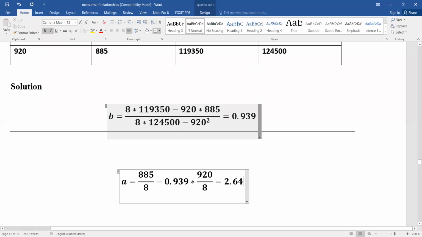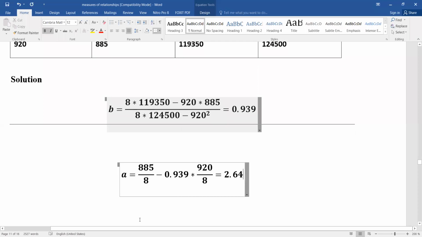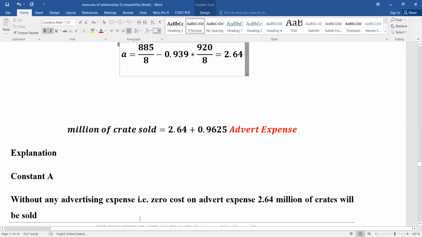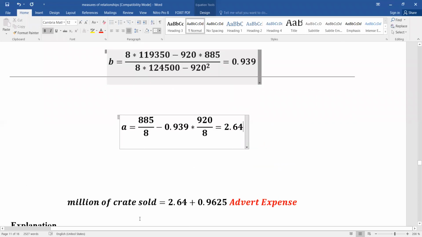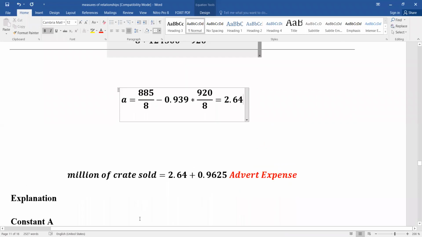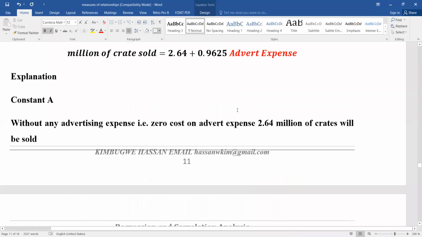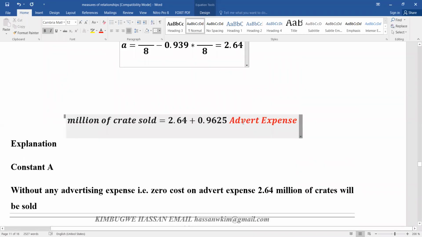So without advertising expenditure, if this value is 0, the credit sold will be 2.64.